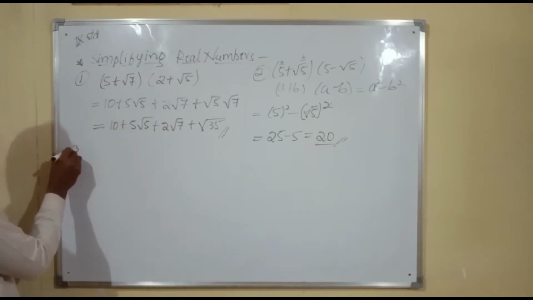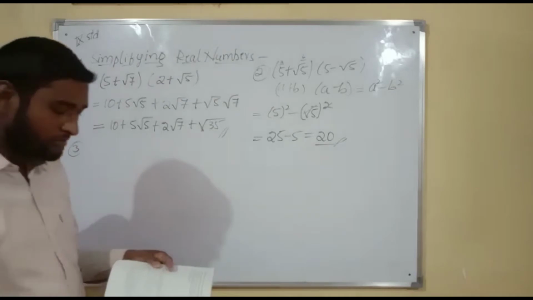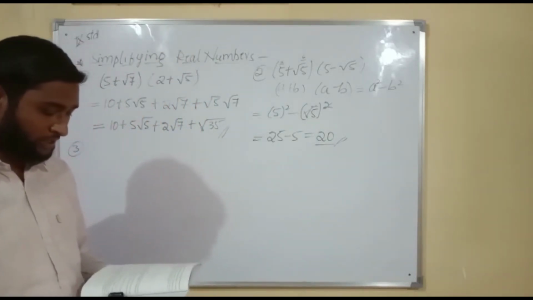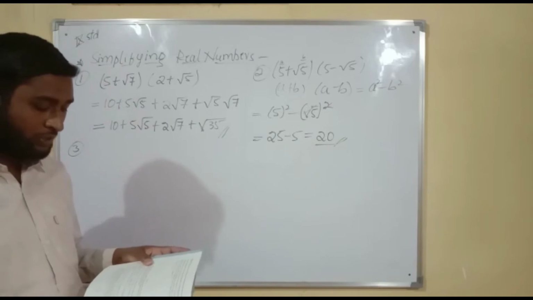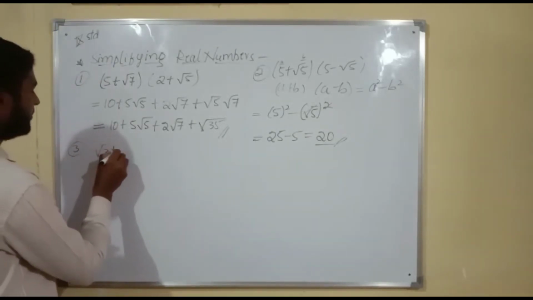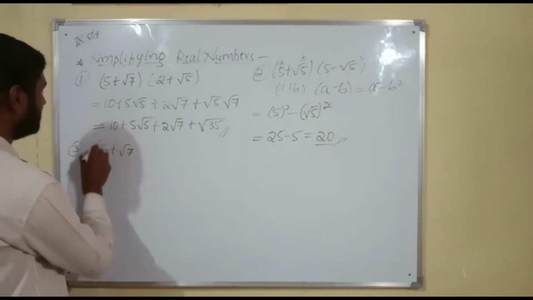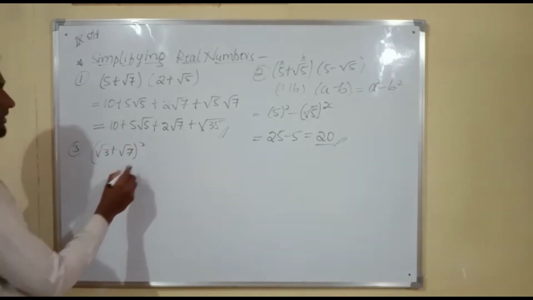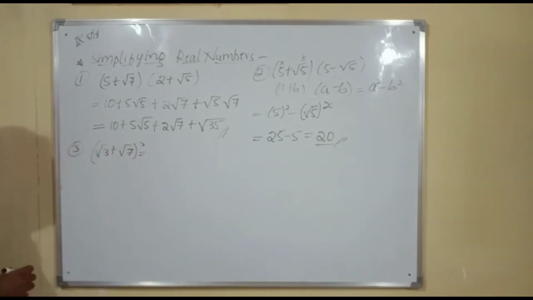See, let me take another one. The third example, root 3 plus root 7 whole square. See, it is in the form a plus b whole square.